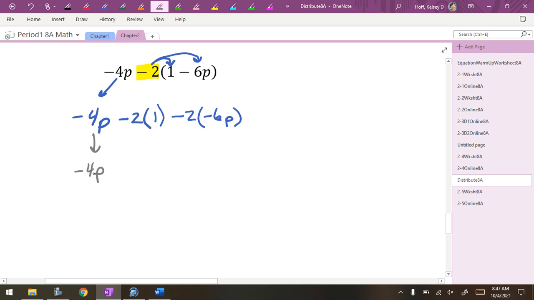There's nothing to multiply. We're just bringing him along. All right, Caitlin, -2 times 1. -2, so -2. Good job. -2 times -6. Positive or negative? Positive. So plus 12, and don't forget the p.